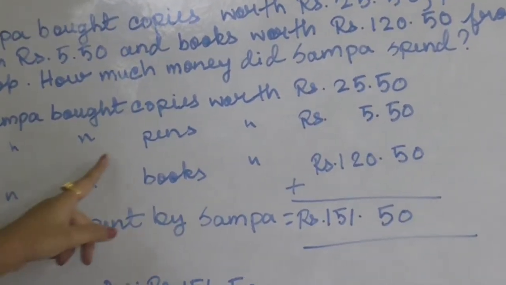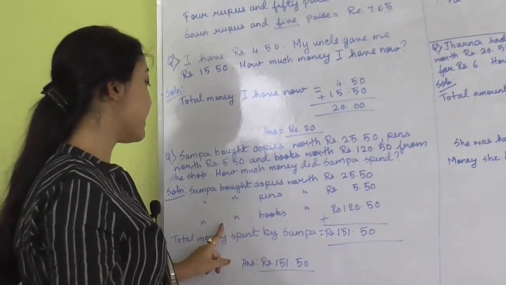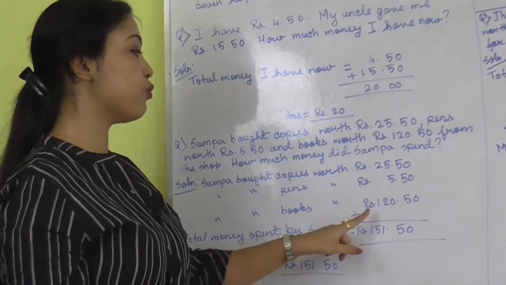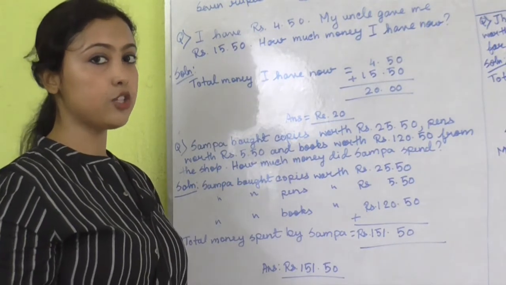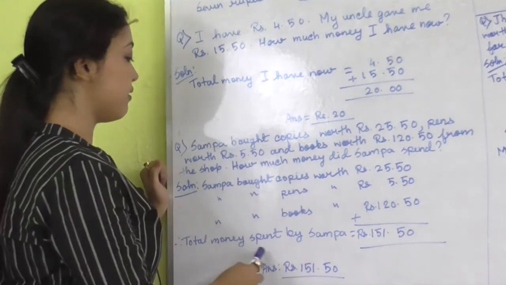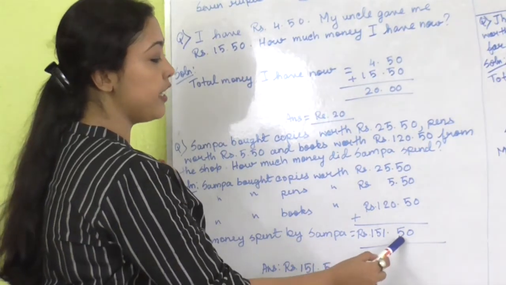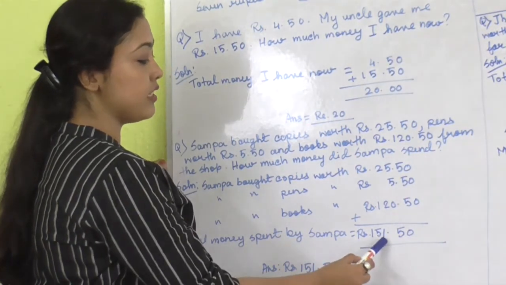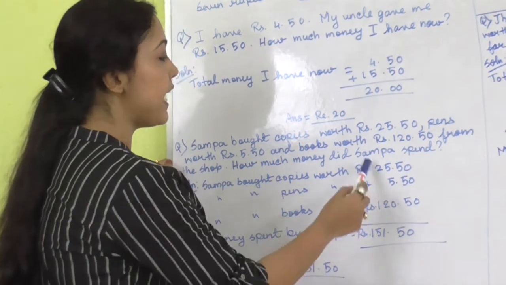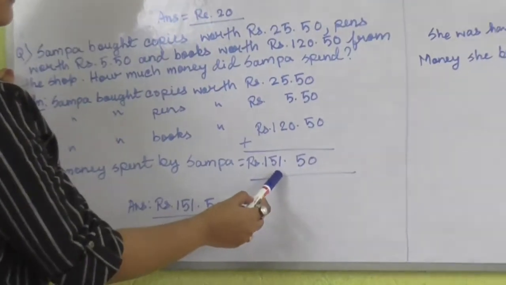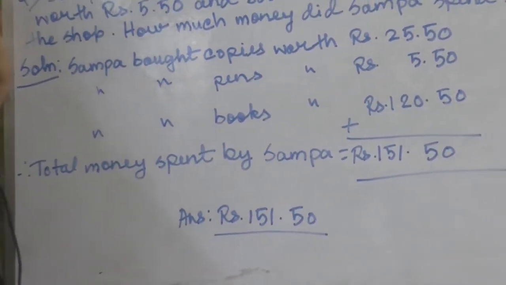Next, pens of rupees 5.50. And next, books for rupees 120.50. The total amount of money spent by Sampa is rupees 151.50. This 151 is the rupees and 50 is the paisa part. By adding all these three amounts, I get the total amount, which is our answer. I hope that this part is clear.